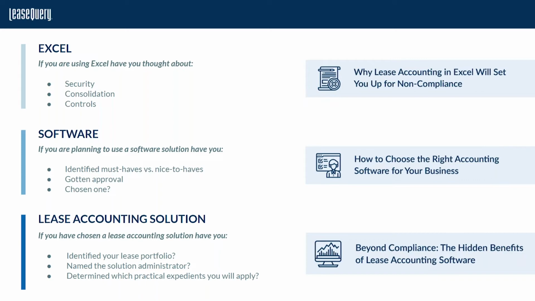And then have you gotten approval to purchase the software and the budget, and then choose the software. If you know what lease accounting solution you want, that's great, but then the next steps would be identifying your lease portfolio, name your solution administrator, and determine which practical expedients you'll apply. And we've got some blog resources related to some of those as well.